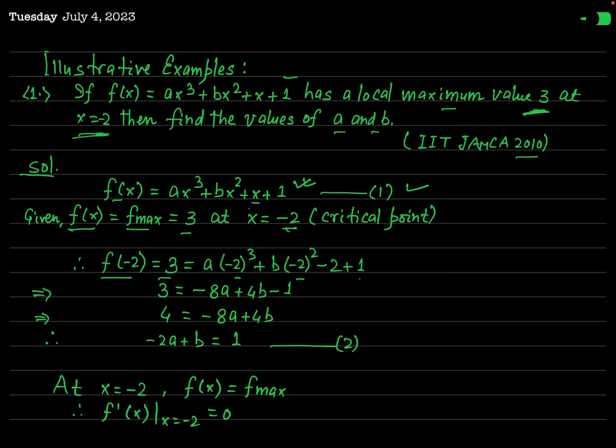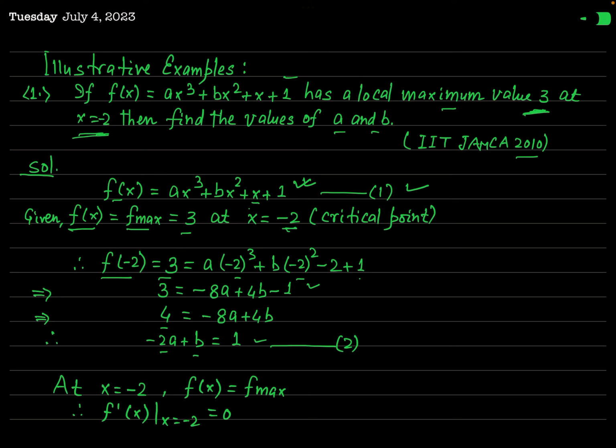And so 3 will be equal to -8a plus 4b minus 1. Okay. And when you take this -1 to the LHS, this will become 4. So 4 is equal to -8a plus 4b. Now let us take 4 as a common factor, and that will cancel out, and your equation will be -2a plus b equal to 1.